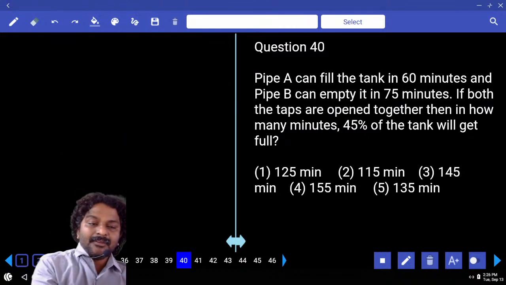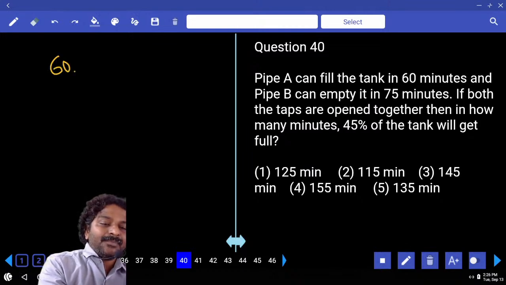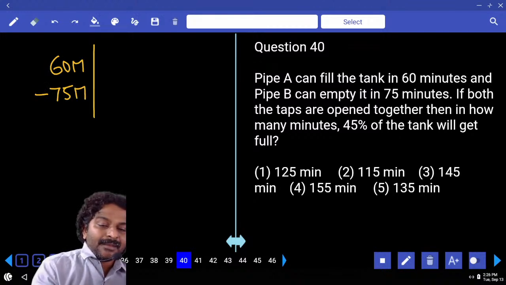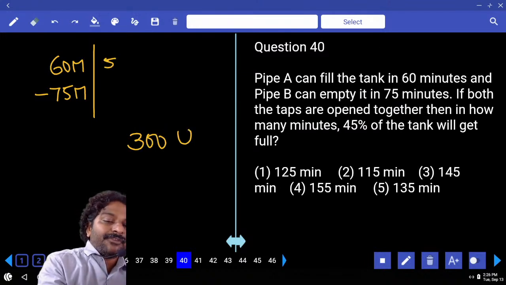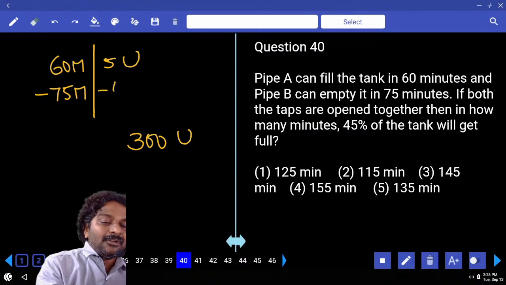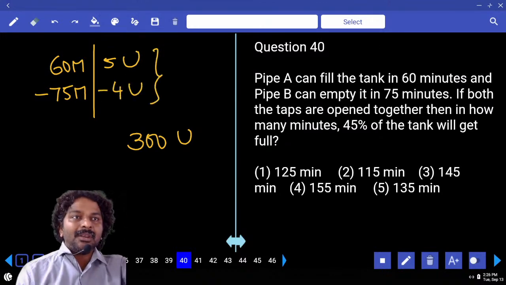Okay. First one can fill the tank in 60. Second can empty it in 75. LCM 300 units. Correct? First one will do 5 units. Second one will do 4 units negative. Both together will do only 1 unit.